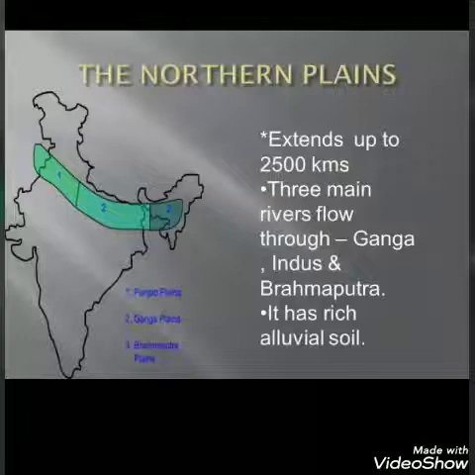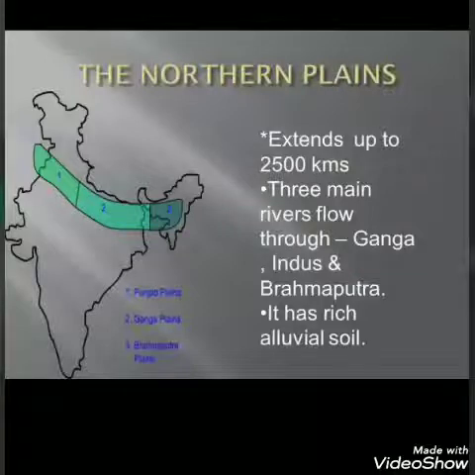Tributaries means the many small rivers that flow into one big river. The deposition of alluvium in the vast basin lying in the foothills of the Himalaya over millions of years formed these fertile plains.